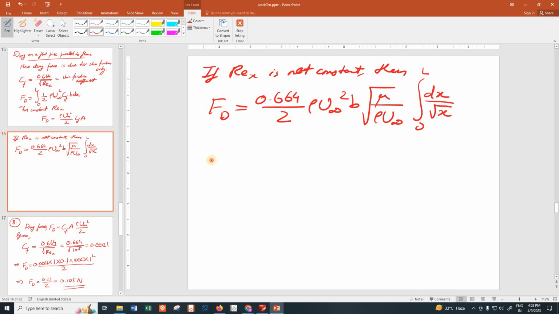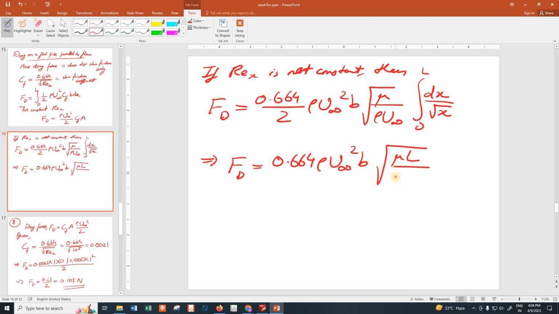When you integrate it, this would become 0.664 rho U infinity square B times the square root of mu L by rho U infinity.